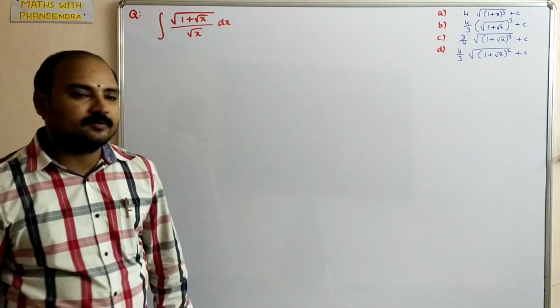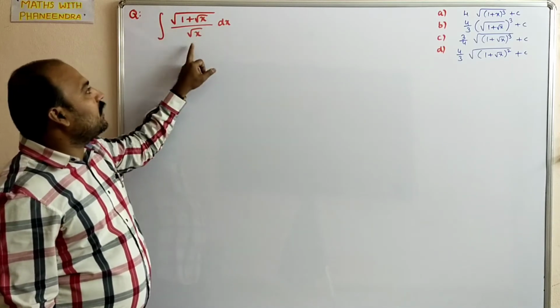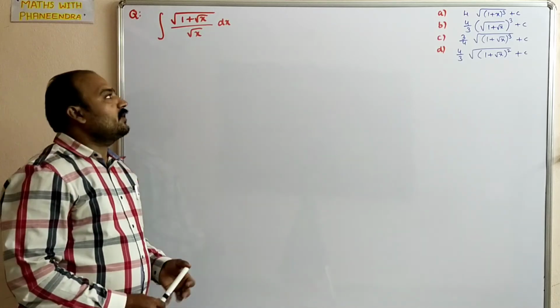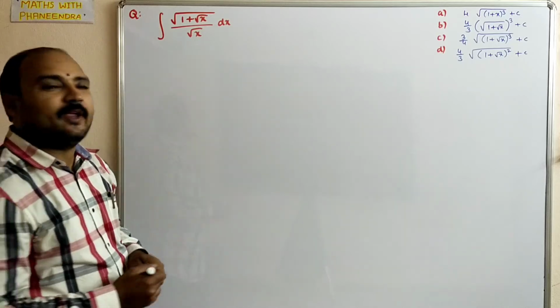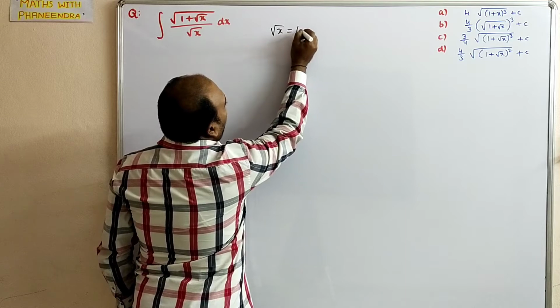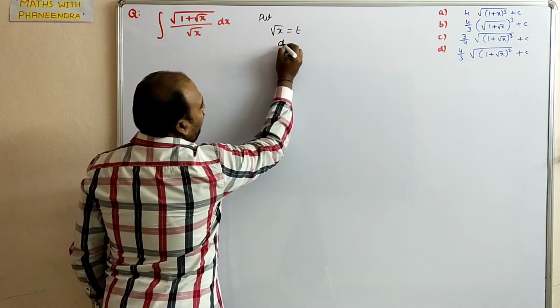The next question. Integral square root of 1 plus root x by root x into dx. Whenever root x is there in the denominator, put root x equal to t. Differentiate with respect to x.